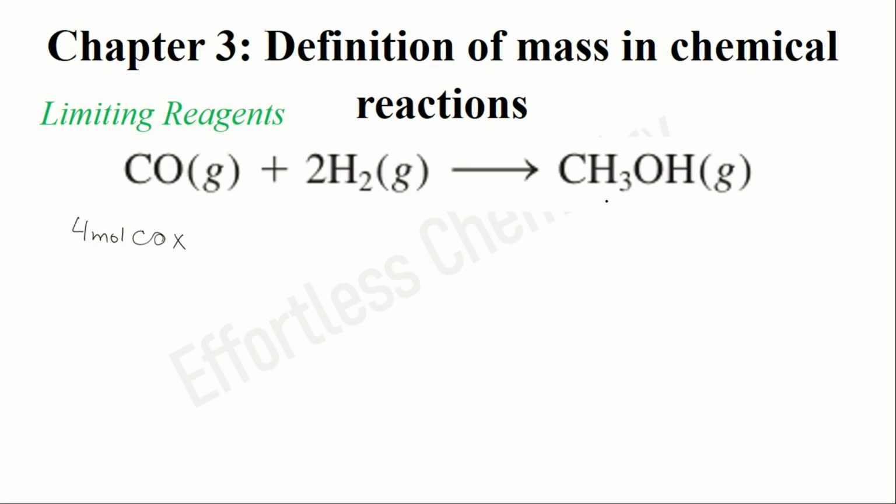This equation is balanced, so I can use the mole ratios. 1 mole of methanol equals 1 mole of carbon monoxide. They cancel, and we have 4 moles of methanol starting with carbon monoxide.